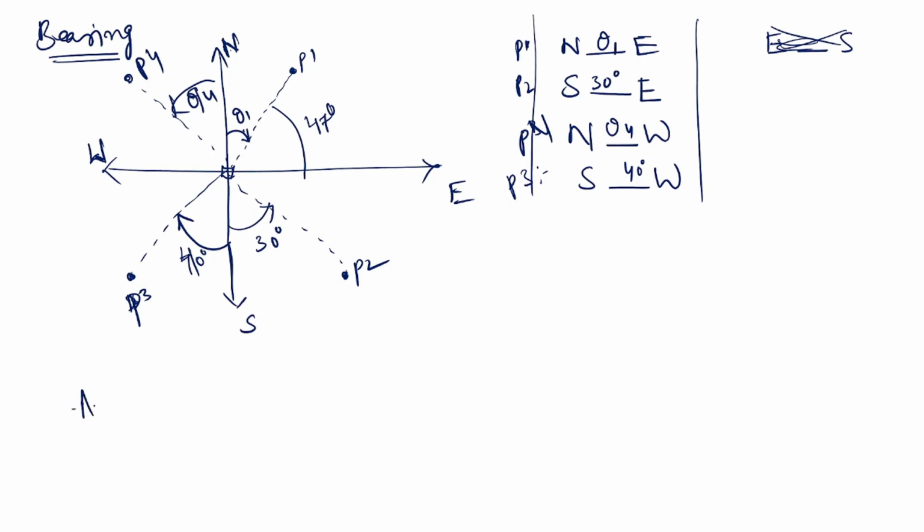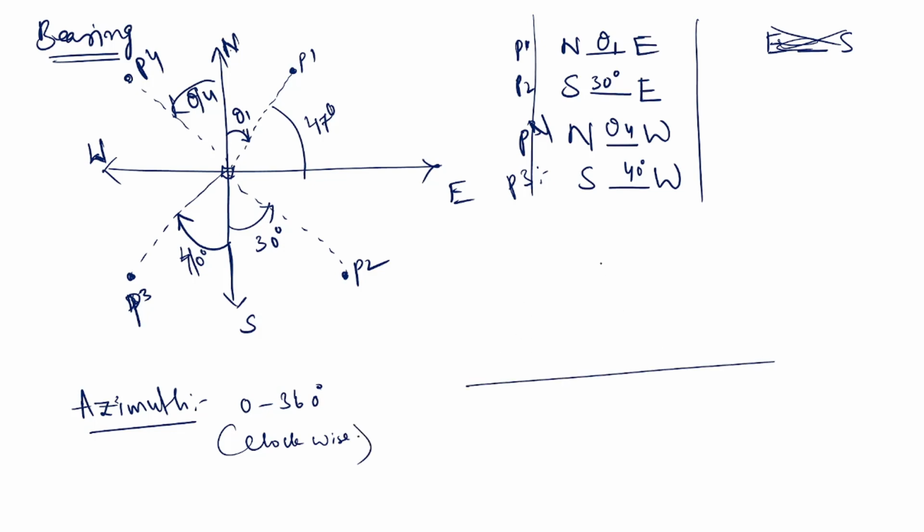Whereas azimuth is an angle between 0 to 360 degrees from the north direction in clockwise. Suppose I want to express a point which is here.